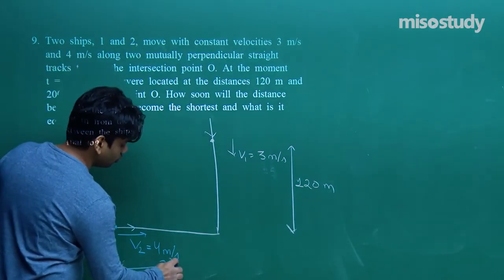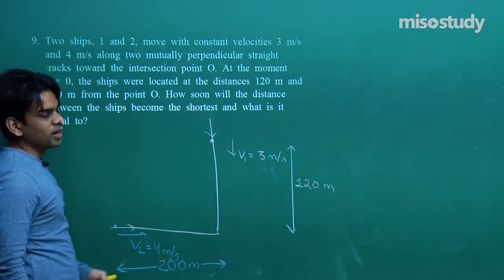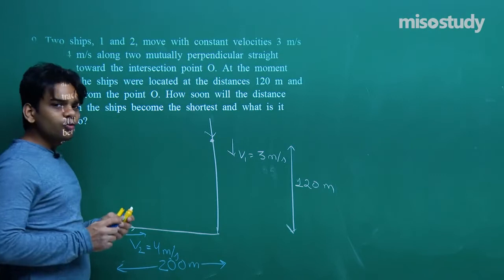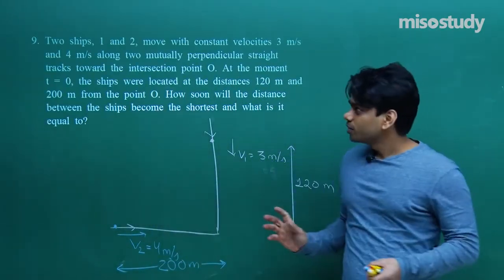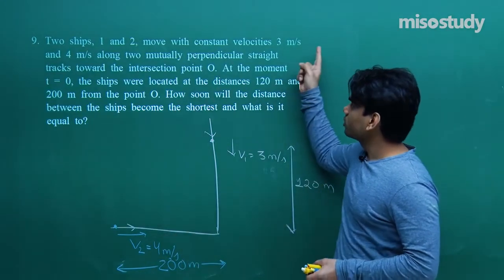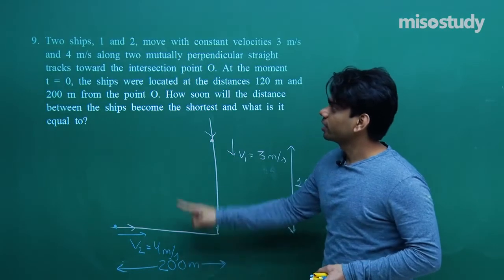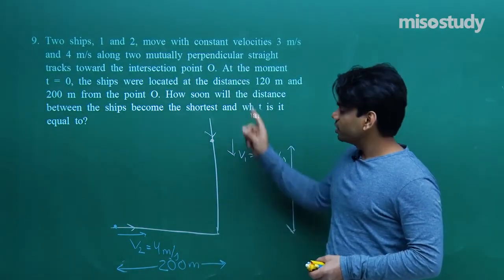So this is 200 meter. 1 and 1, we are done. Now see what we have to solve in this question. I have shown the scenario. Two ships 1 and 2 move with constant velocities 3 meter per second, 4 meter per second along two mutually perpendicular straight tracks that I have shown you here towards the intersection point O.